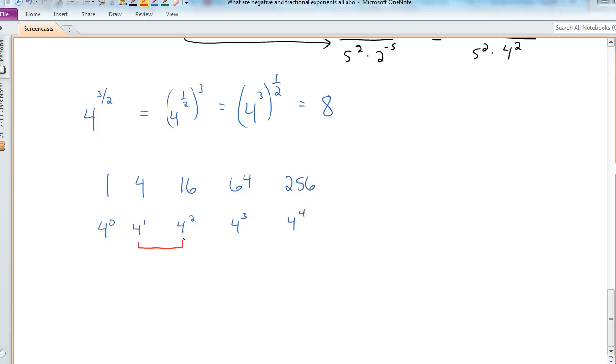And I say halfway very carefully because you might think of halfway between 4 and 16 as the middle number between 4 and 16, which is 10. But it's not halfway by addition. It's halfway by multiplication. So I'm asking for what number is halfway between 4 and 16 by multiplication.